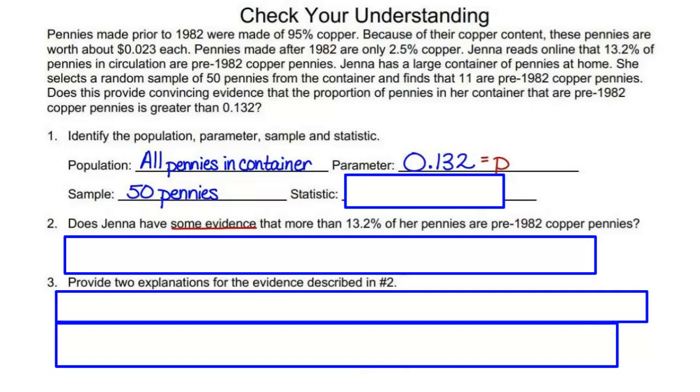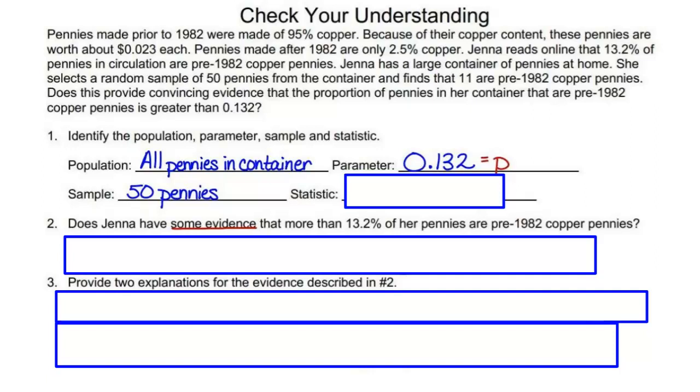So the claim being made is that the population parameter is 0.132, 13.2%. Remember, we use P in this case to denote the population proportion because we have the proportion of pennies. 13.2% of pennies in circulation were made before 1982, and the remainder, the other 86.8%, would be post-1982.